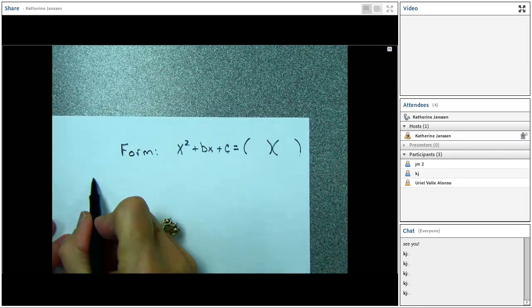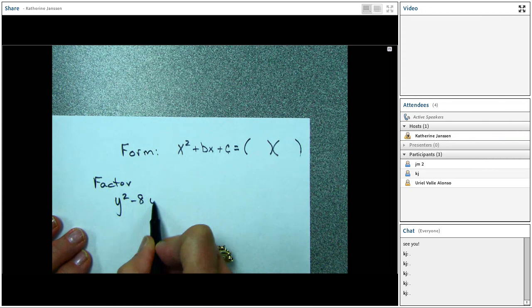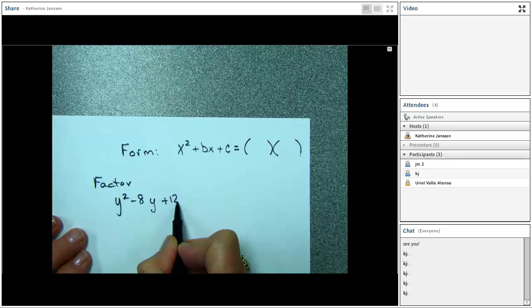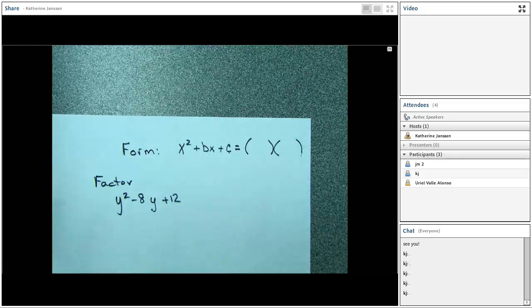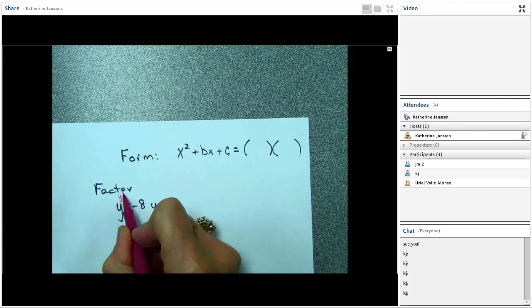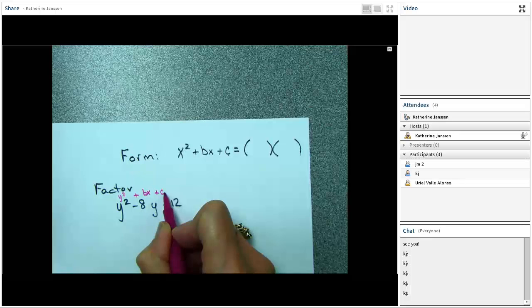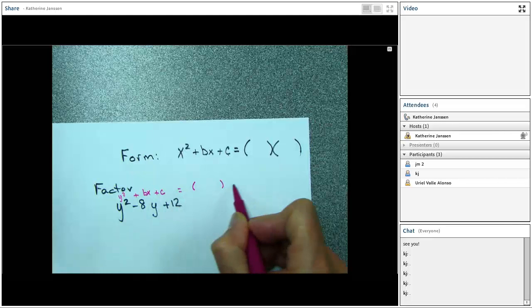So we're asked to factor y squared minus 8y plus 12. Well, we recognize that this is of our form pattern, y squared plus something times y plus c. So we're going to try to factor that as a product of two binomials.